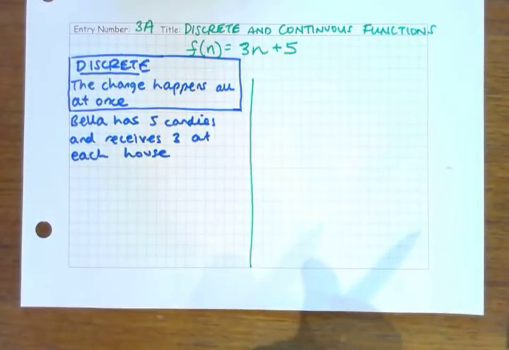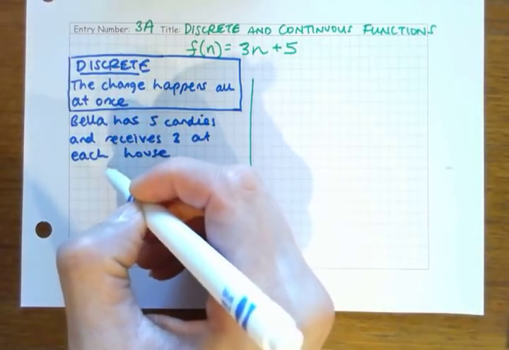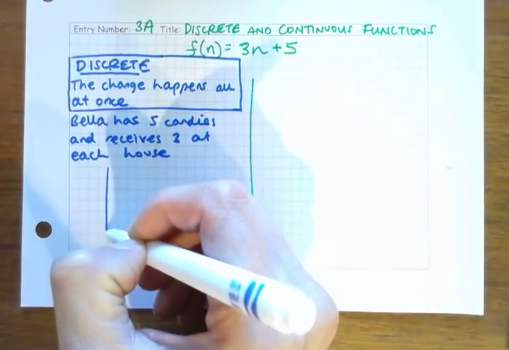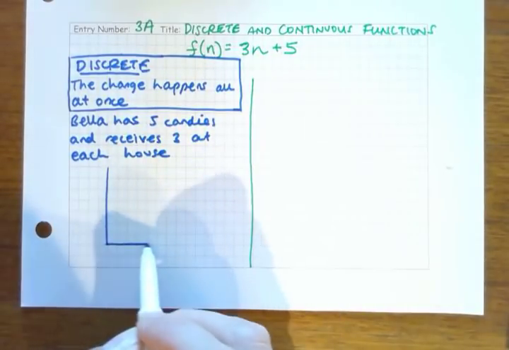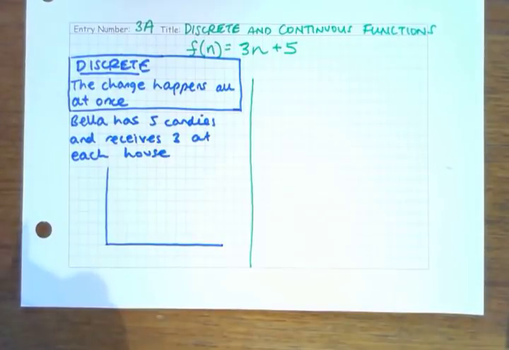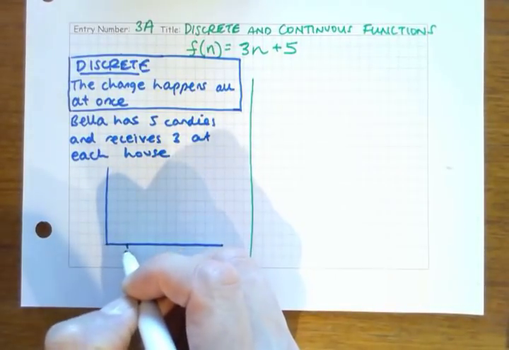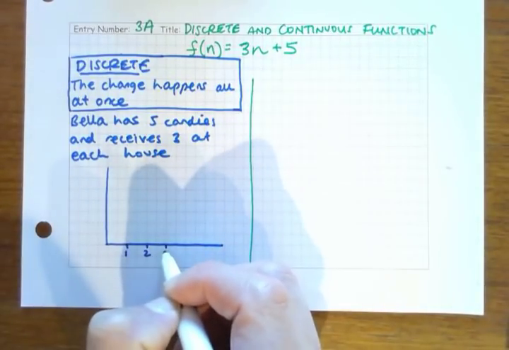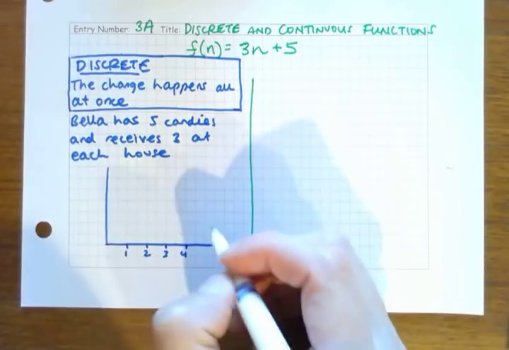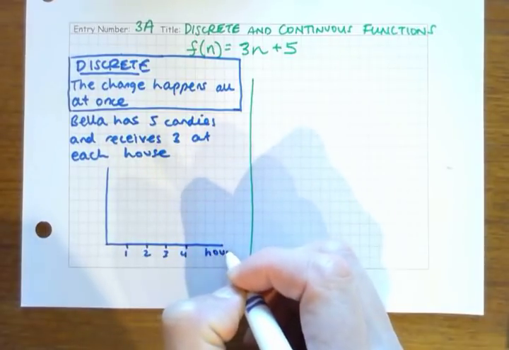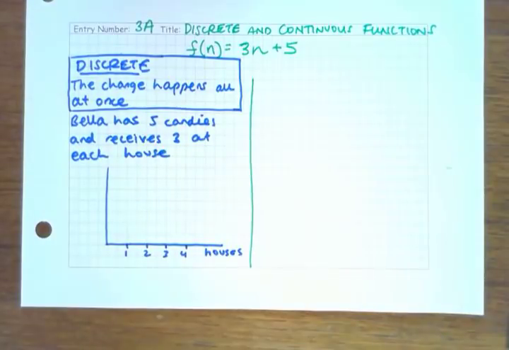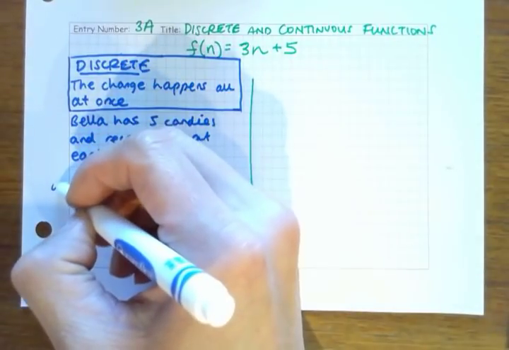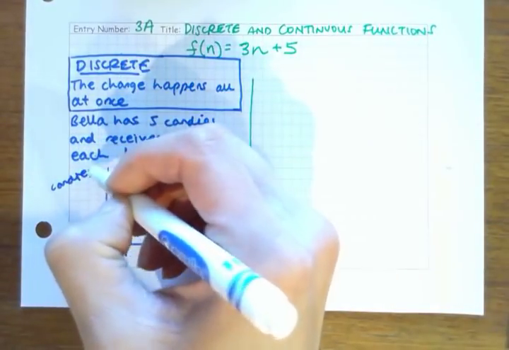And so if we were to graph this, one, 2, 3, 4. Wait, our x-axis is houses. Our y-axis would be candies.